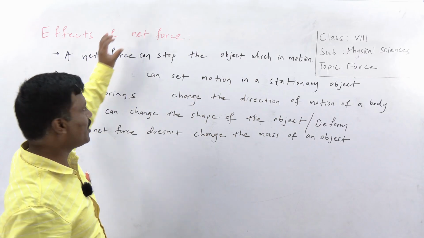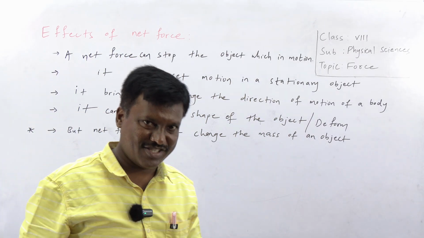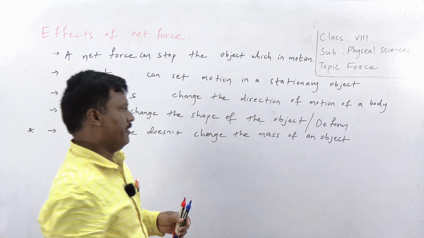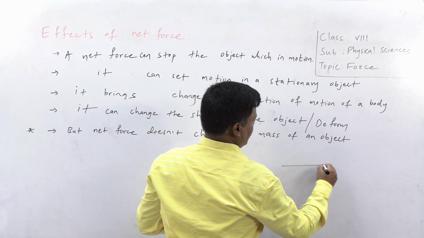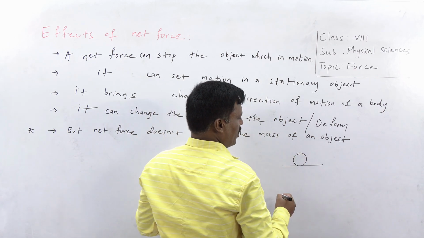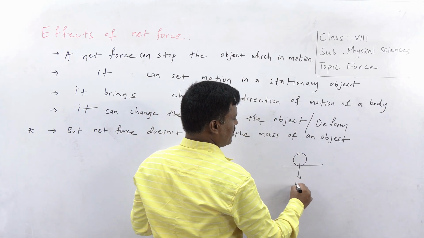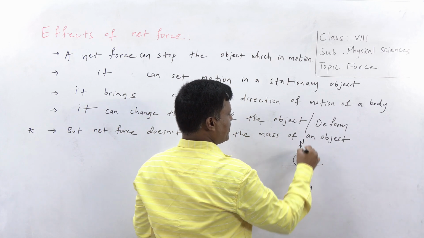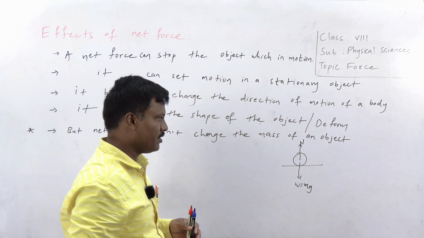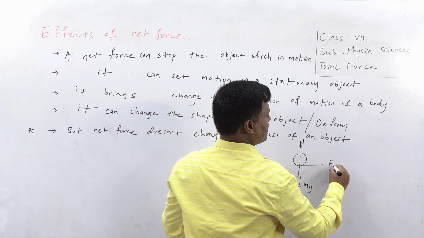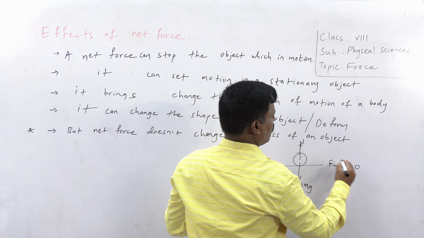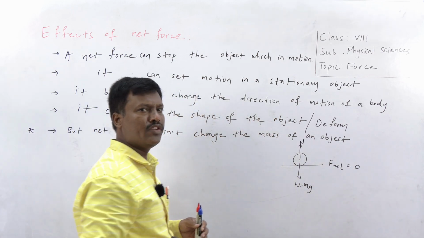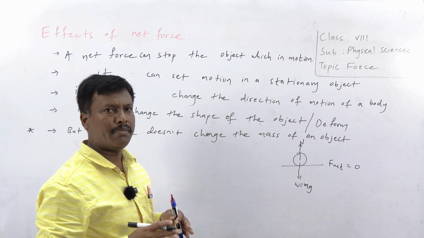Now we are going to talk about the effects of net force. Generally, when an object is at rest, for example a ball on the ground, how many forces are acting on it? Gravitational force and normal force. As these two forces are balanced, the net force acting on the ball is 0. When the net force is 0, or when the object is moving with uniform motion, forces are balanced.